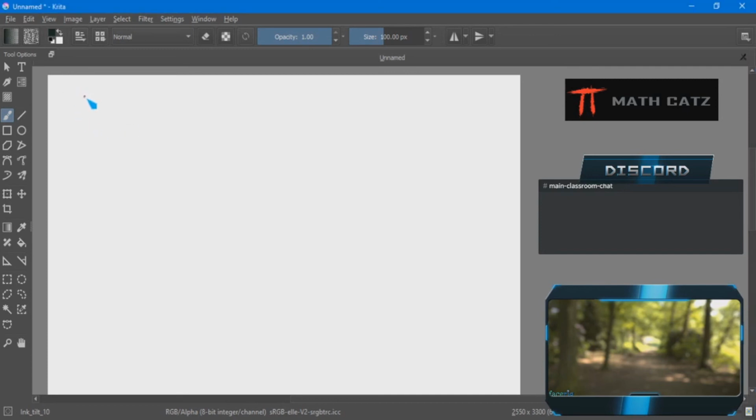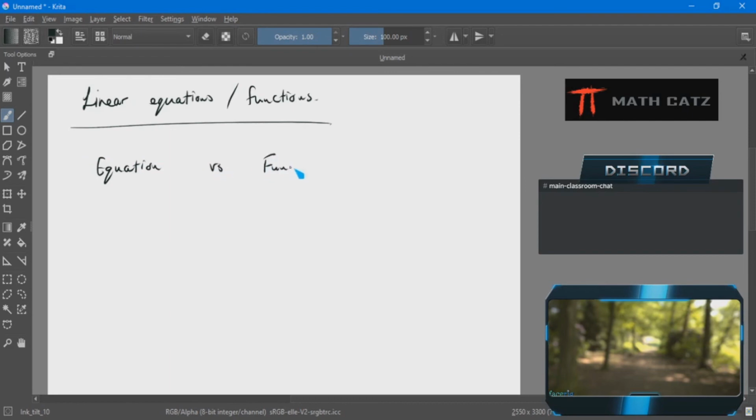All right, so we are going to talk about linear equations or linear functions. It's very important in general to understand the difference between an equation and a function, without getting into too much detail.